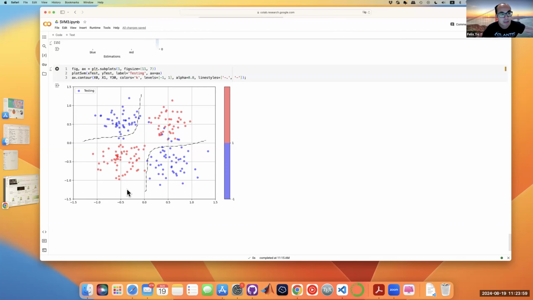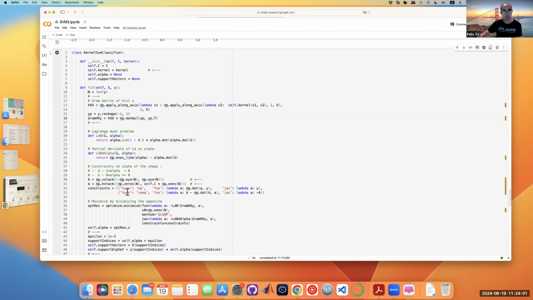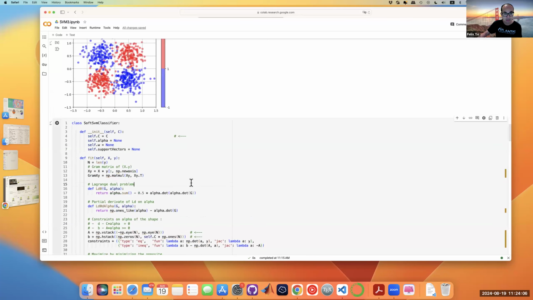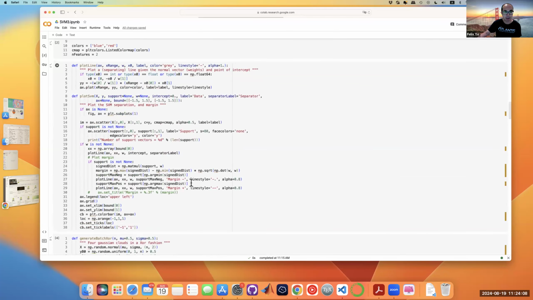All right, so that's everything for the kernel SVMs. And of course, in practice, you would probably be using scikit-learn. But the beauty of this course and these lectures is that they tell you how to open the black box of kernel SVMs, what is going on underneath, and how they are implemented.